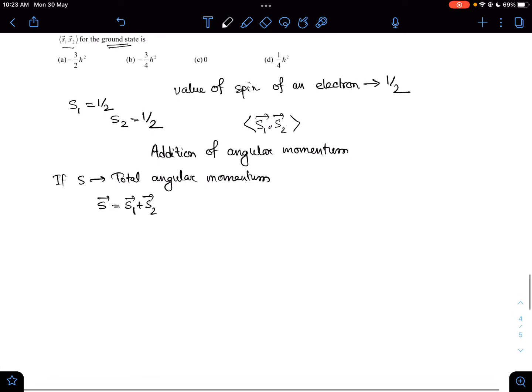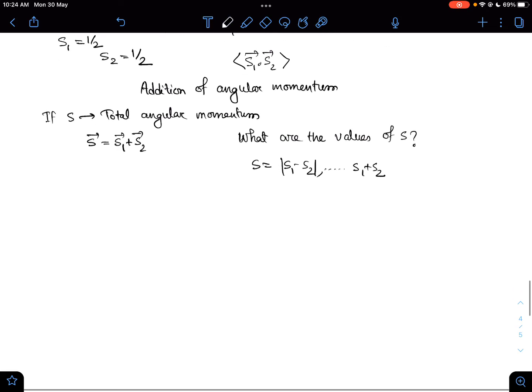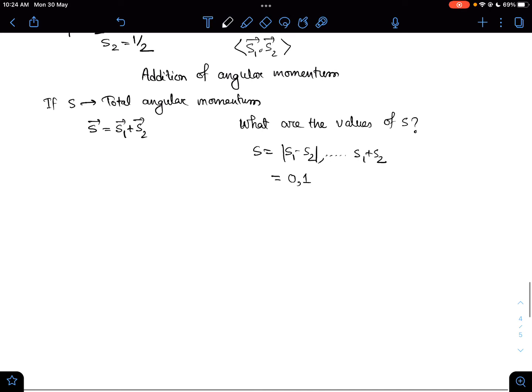Now S1 and S2 values are half. So what are the values of S? S can have values from |S1 − S2| to S1 + S2. Since they both are half, it can have either 0 or 1. So S value is either 0 or 1.